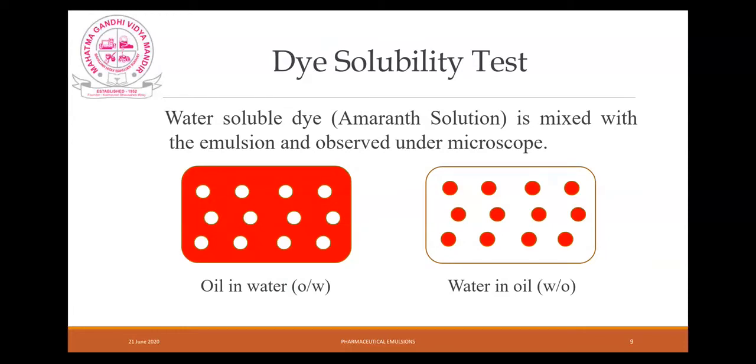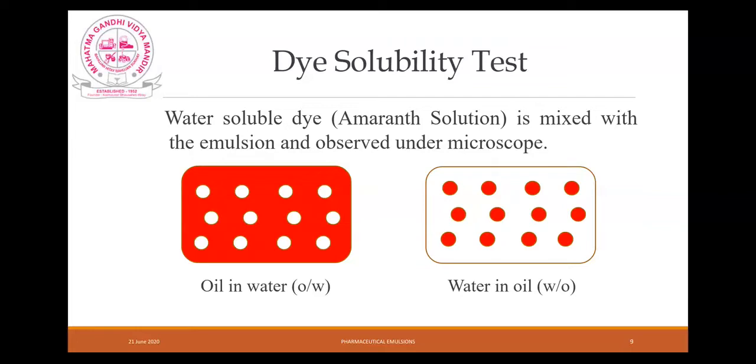Second one is the dye solubility test. See here, water soluble dye or oil soluble dye are used. We will take one example here. Water soluble dye, for example amaranth solution, is mixed with the emulsion and the emulsion is observed under the microscope.